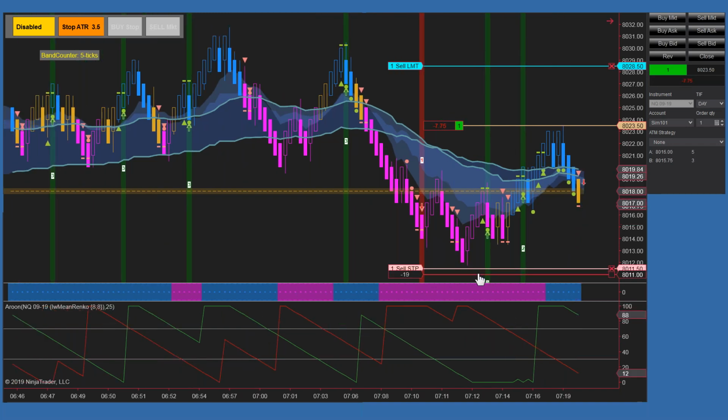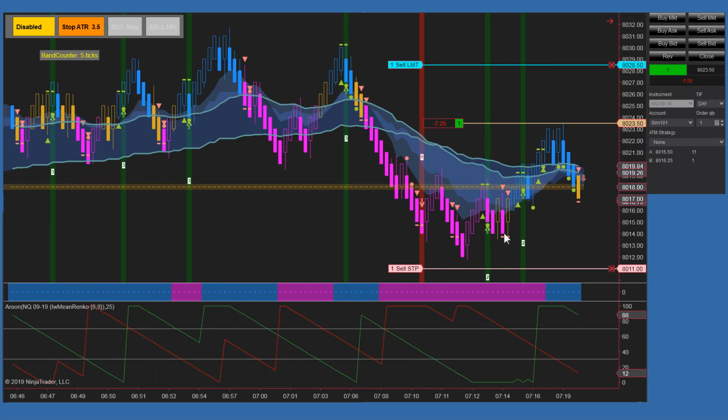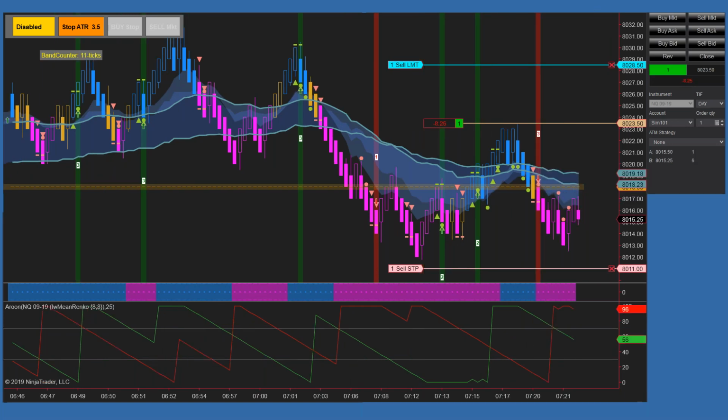Give it a couple of extra ticks here, just below the low. I hate it when the market breaches a swing point, higher or lower, by a couple of ticks, and then of course reverses and goes the other way.